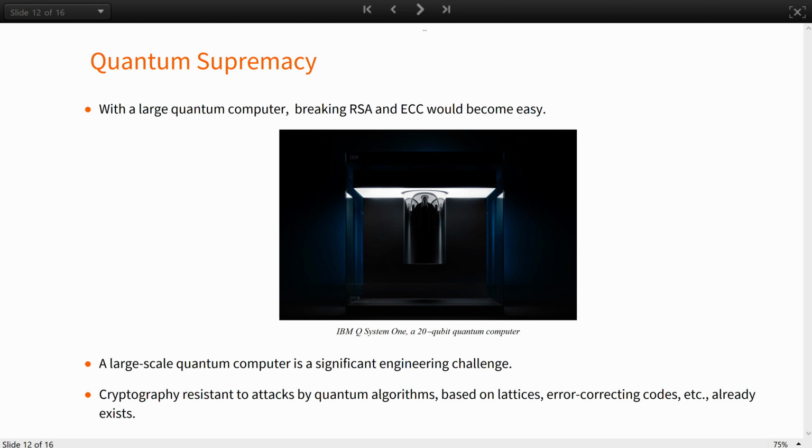Regardless, the preparation and standardization of information security systems for the potential arrival of the quantum computing era has already begun. There already exist cryptographic mechanisms resistant to attacks by quantum algorithms that are based on lattices, error-correcting codes, and other approaches.